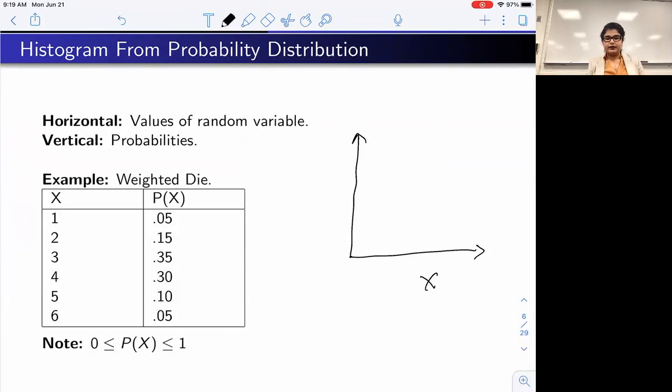For instance, we are going to take the weighted die. I talked about the game of craps, where if you get 7 or 11, then you can win the game. It rolls 2 dice.